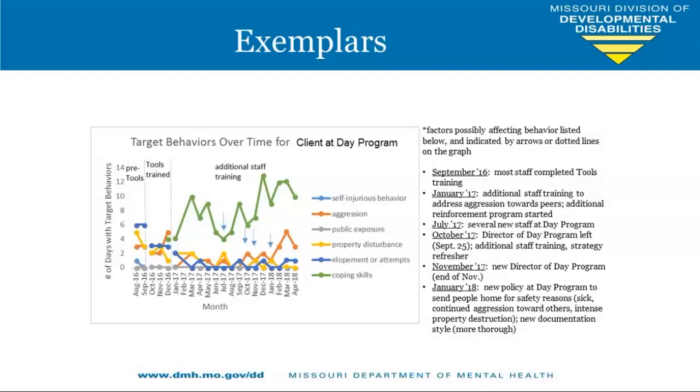And then we've got some indicators of some different phases of the program. So we've got baseline there, that's pre-tools instruction. Then we've got that staff was trained in tools. And then we've got some notes, because unfortunately sometimes we don't want the graph to get too messy.